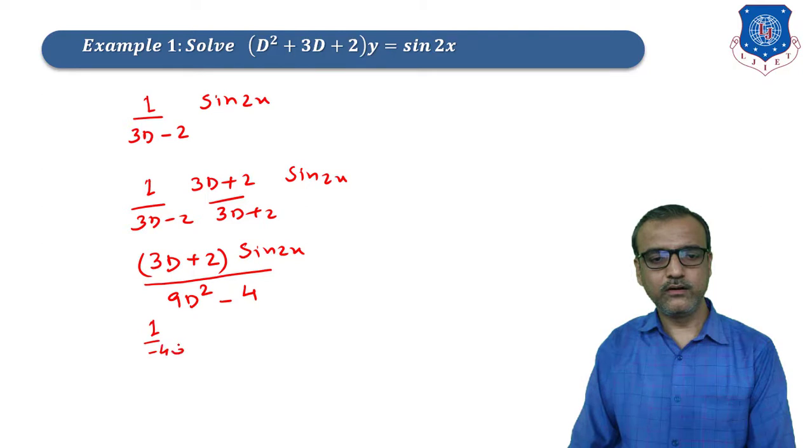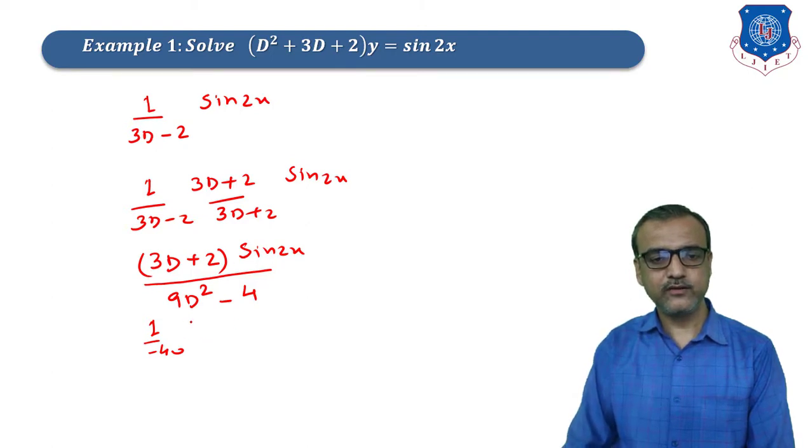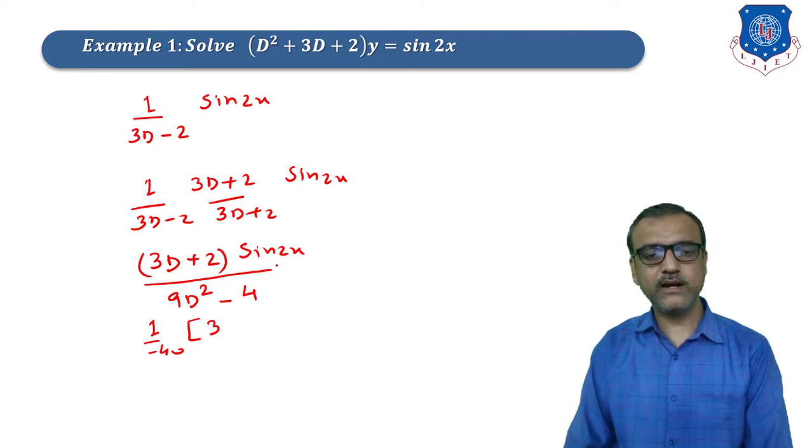Now we will apply this operator on sine 2x: 3D sine 2x plus 2 sine 2x. So 3 will be as it is. What about D sine 2x? D sine 2x is nothing but d by dx of sine 2x. It means we have to differentiate sine 2x. Derivative of sine 2x is cos 2x, and in place of x we have 2x.